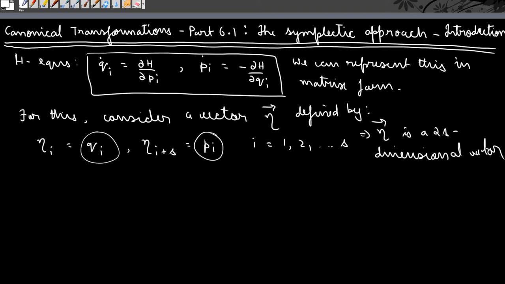For example, if s is equal to 2, then our vector eta will be given by Q1, Q2, P1, P2.